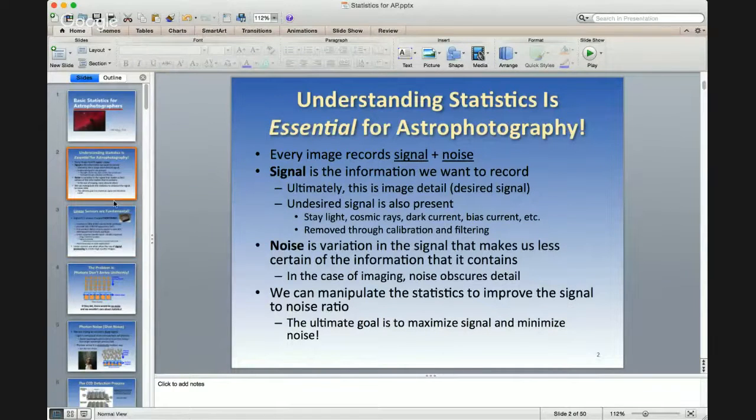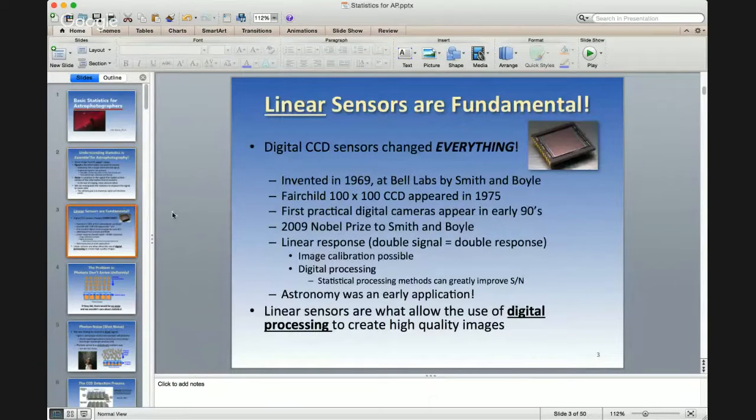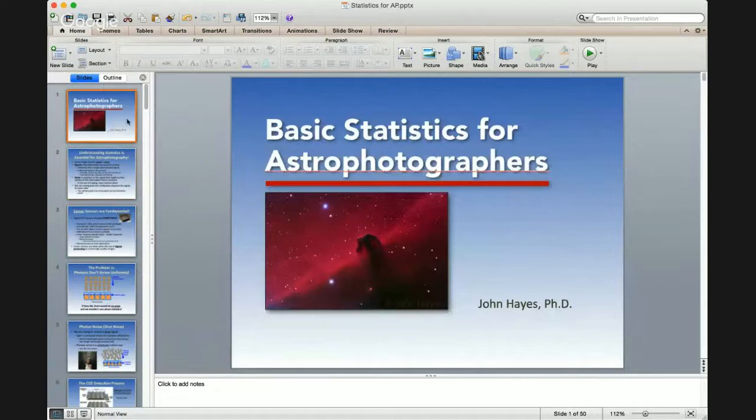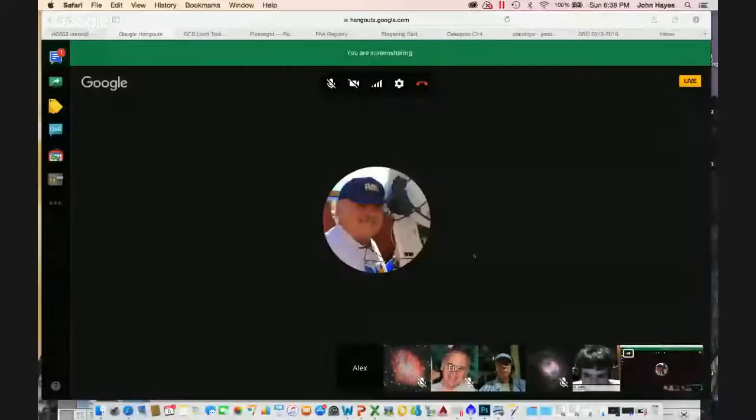This is really frustrating. This happened last time and we had real trouble getting this to work. Let me go back to screen sharing, Google Hangouts. Let's try desktop. That works.